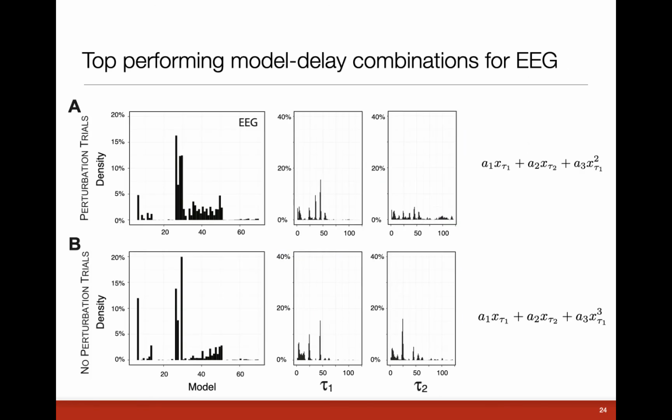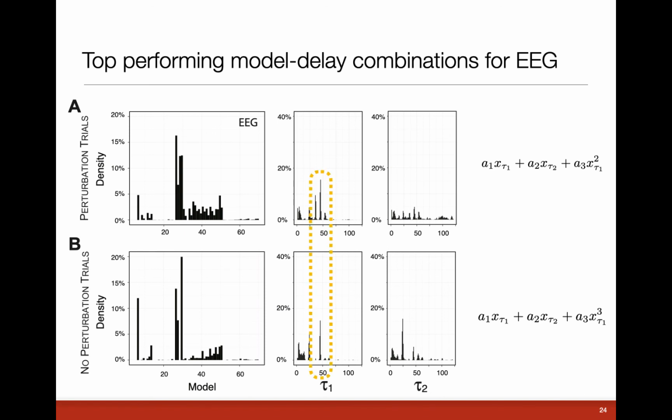Based on the histogram of top-performing model delay pairs, we find that EEG models appear to be task invariant, with similar linear terms for both trials, and small differences in the order of the nonlinear term.